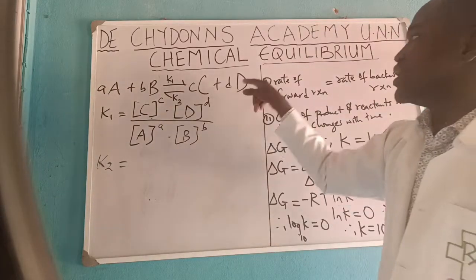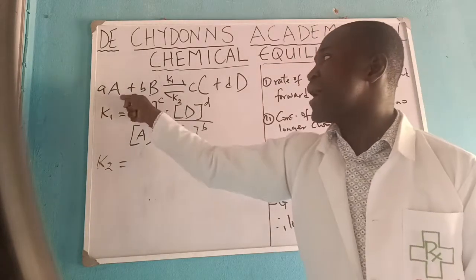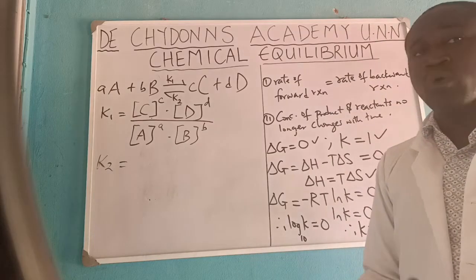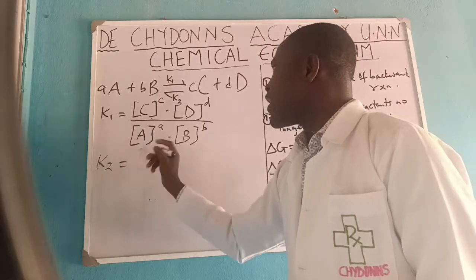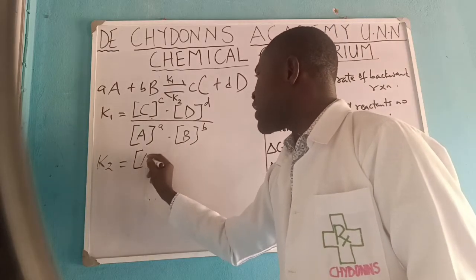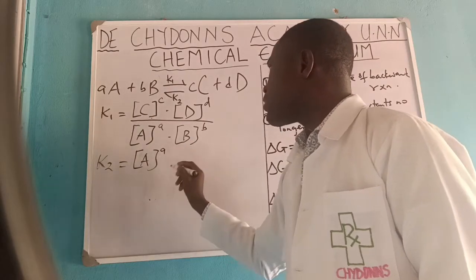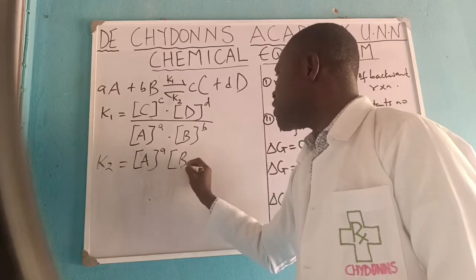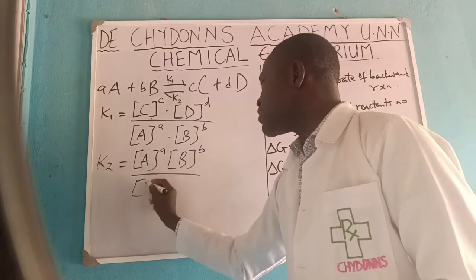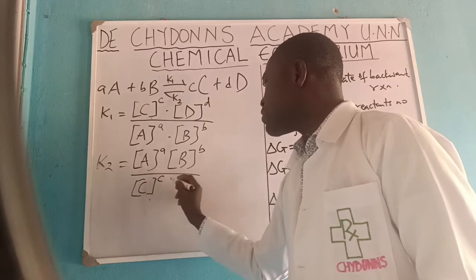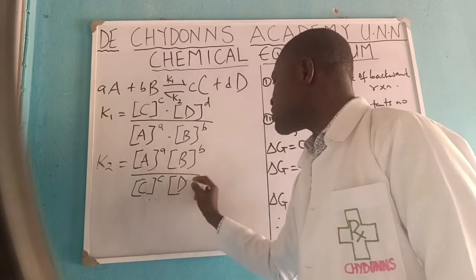As you can see, this will now react to give this because they have attained dynamic equilibrium. And so for K2, we say A times B all over C times D.